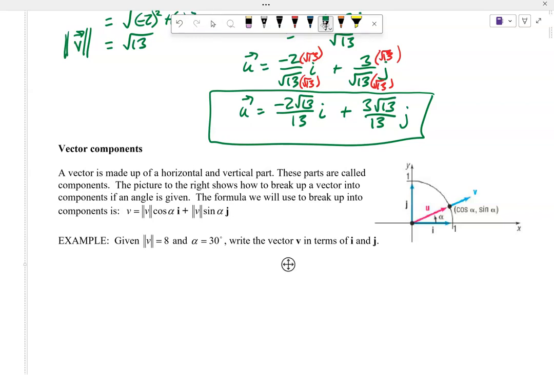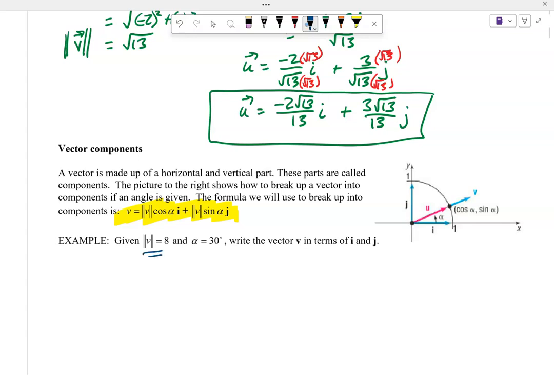The vector v is the magnitude times the cosine of its angle alpha i, where alpha is the angle between the x-axis and the vector v, plus the magnitude times the sine of alpha j.